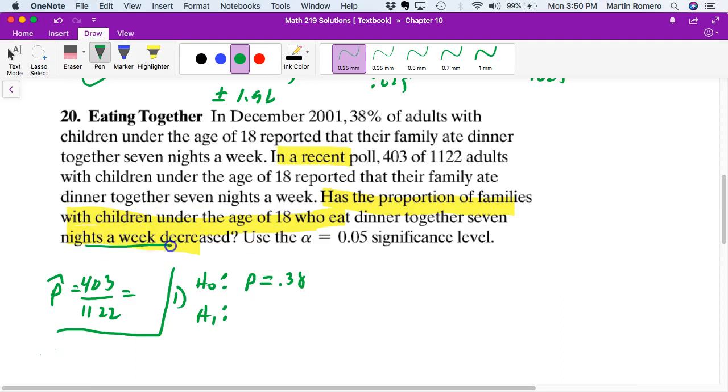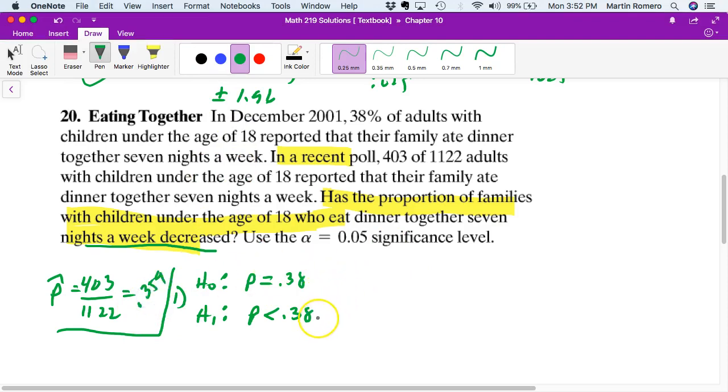We're now asking, has that proportion decreased? And so here it is, the proportion is less than 0.38. And so what we need to do next is get the value of p hat. So we're going to do 403 divided by 1122, and I get a value of 0.359.